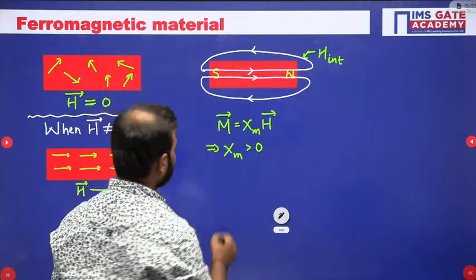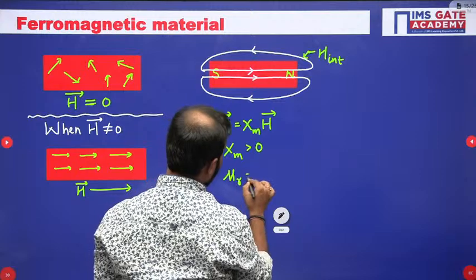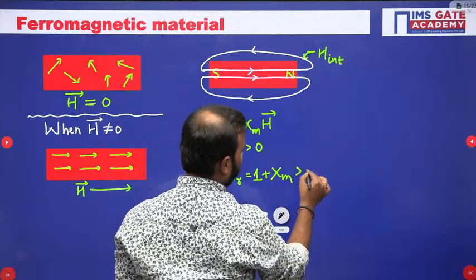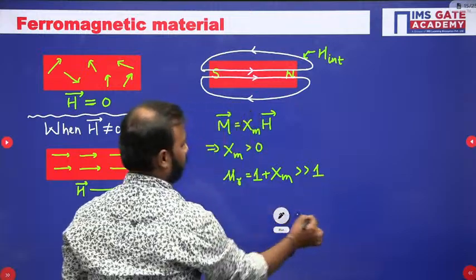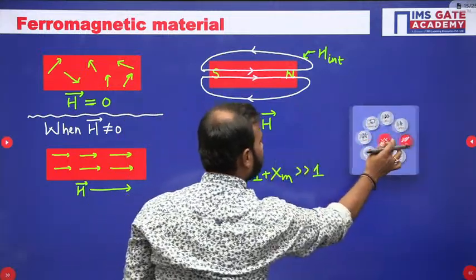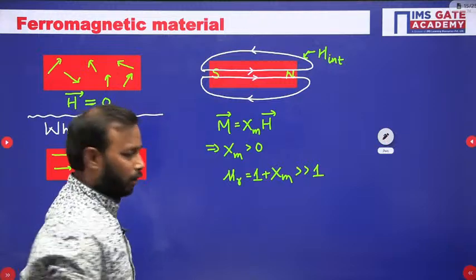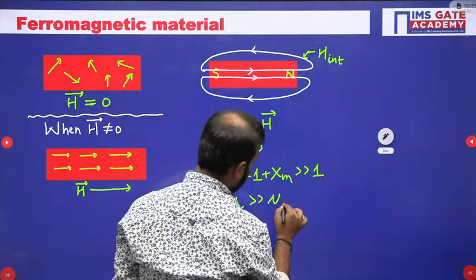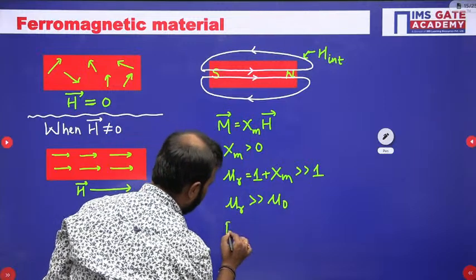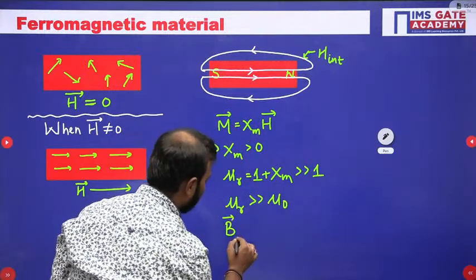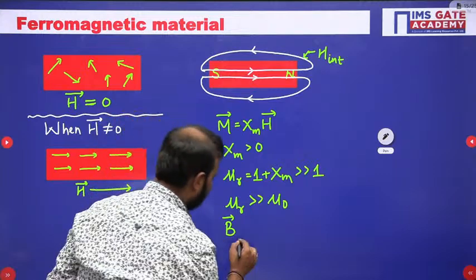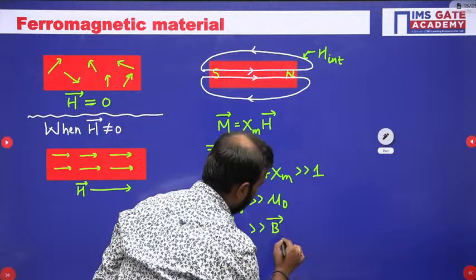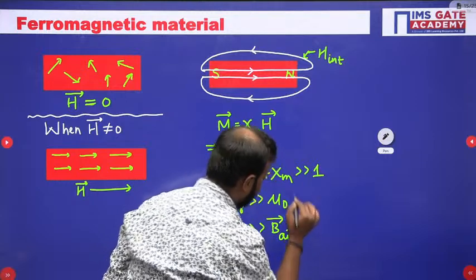As you know, mu r is equal to 1 plus chi m, and it is much greater than 1. Therefore, mu r is much greater than mu naught, or the magnetic field density inside the material is much higher than the magnetic field outside the material, in the air.